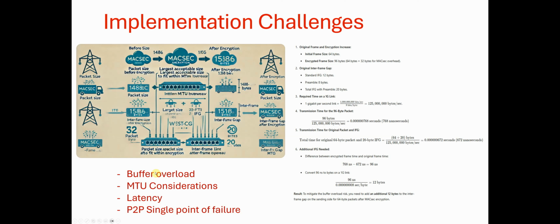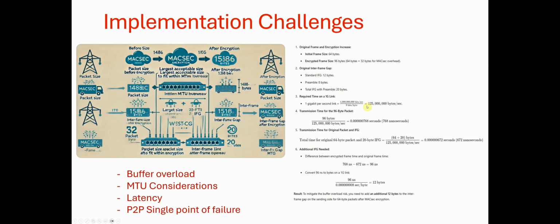So the calculation here on the right side talks about an initial packet size of 64 bytes and the encryption being 96 bytes on the overhead, MACSec overhead. And then you're talking about the standard frame gap is about 20 bytes.